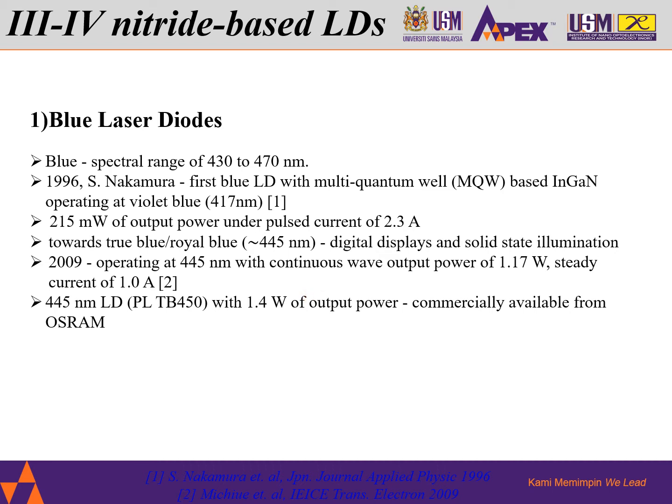In 2019, an LD was reported to operate at 445 nanometers with continuous wave (CW) output power of 1.17 watts at a steady current under 1.0 ampere. Currently, a 445 LD PTTB 4050 with 1.4 watts of output power is commercially available from OSRAM.